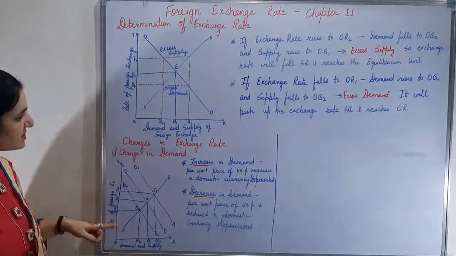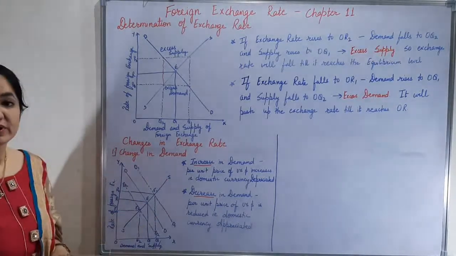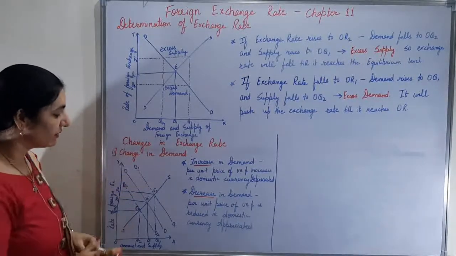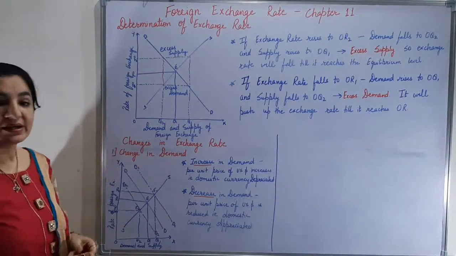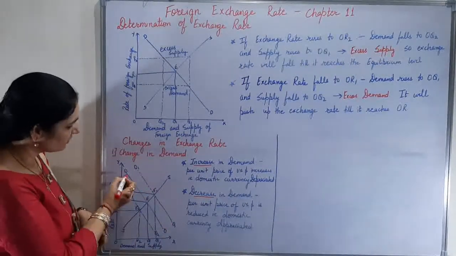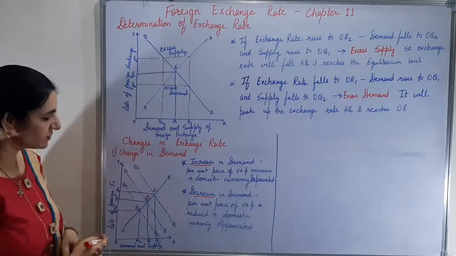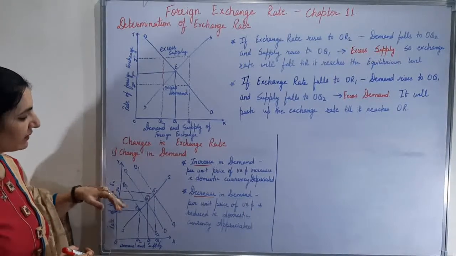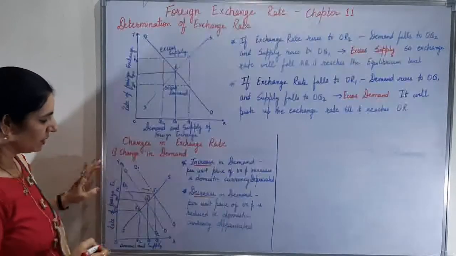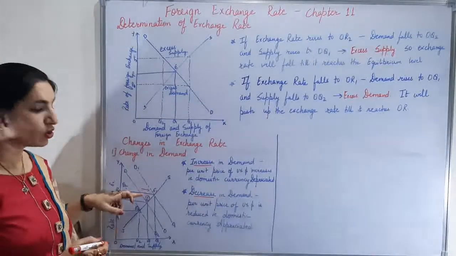We have taken the same diagram, and here I have kept the supply curve constant because we are studying the increase and decrease in demand. If the demand increases, the demand curve will shift towards the right. So this was the original demand curve, and this is the equilibrium point. When the demand increases from D to D1, it shows that the per unit price of US dollar increases.